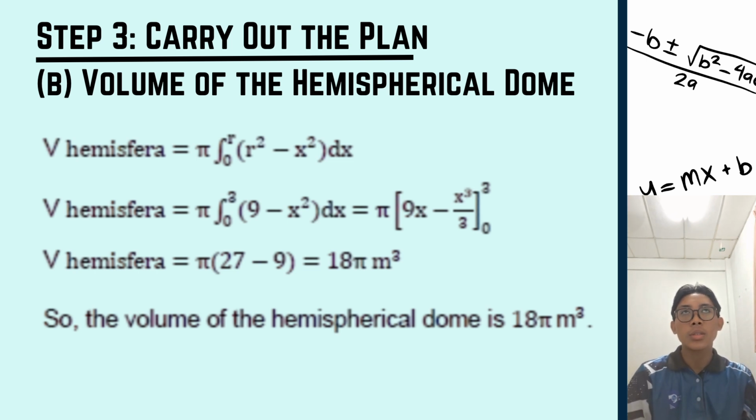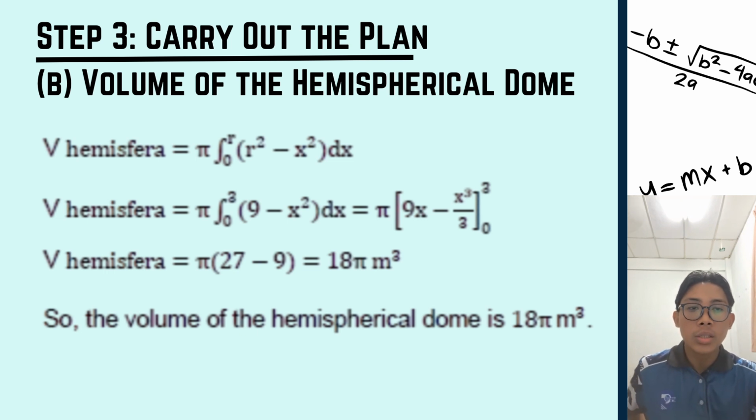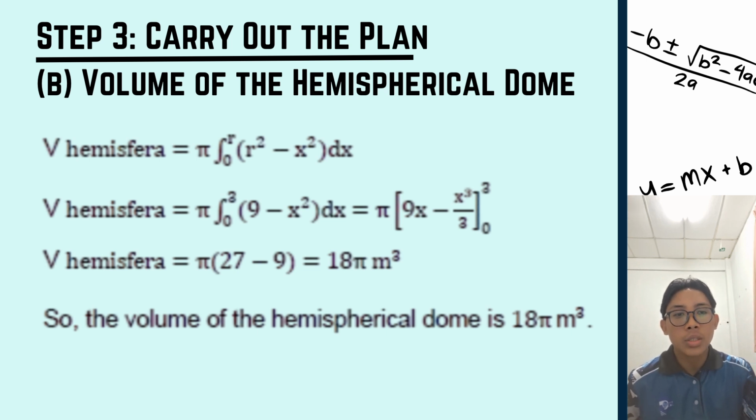So after substituting, we need to integrate pi (9 minus x squared) dx, with limits 0 to 3. Since pi is just a constant, we can put it outside. So we get that the volume of the hemisphere is 18 pi cubic meters.